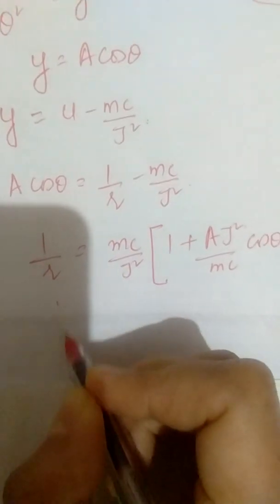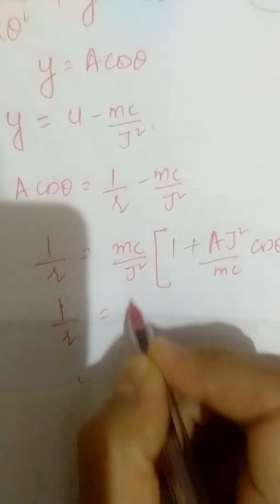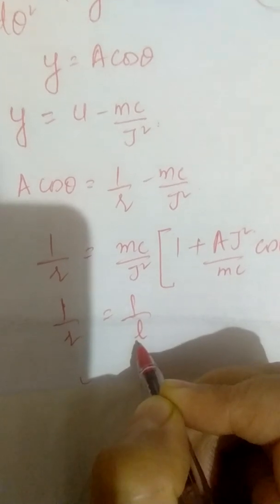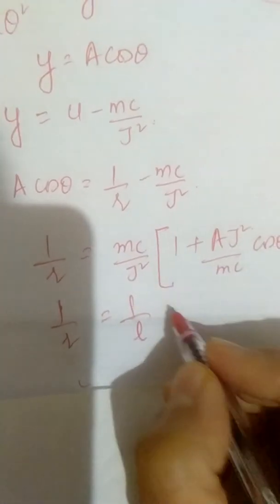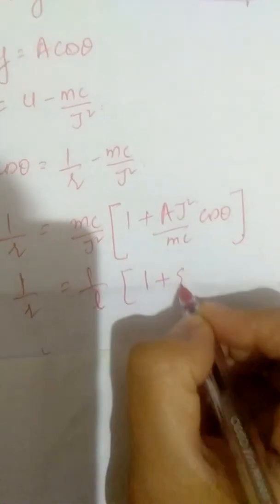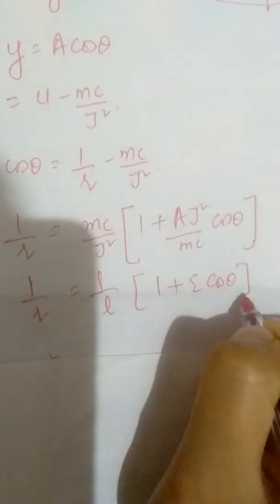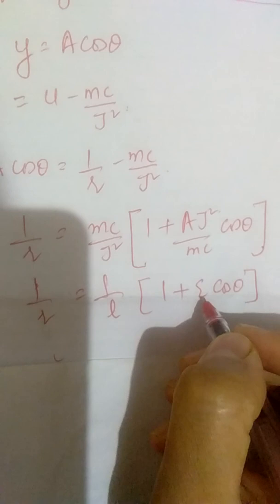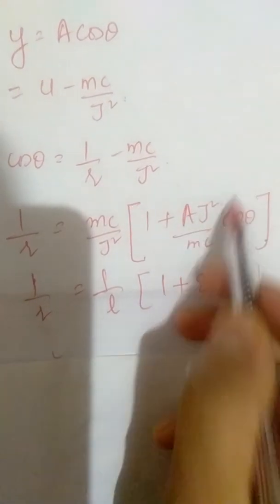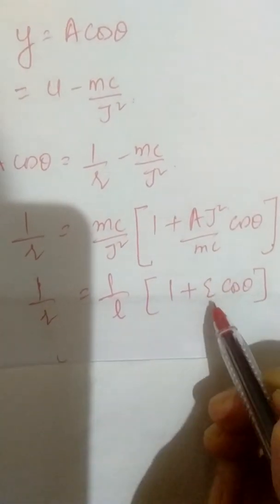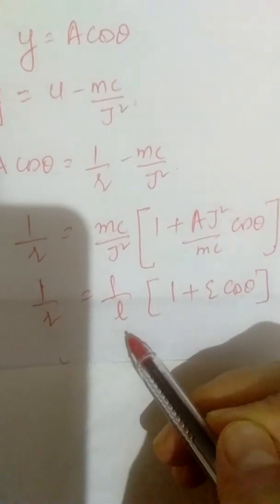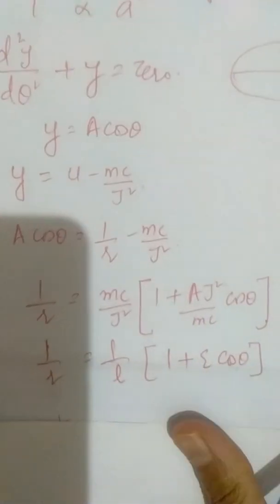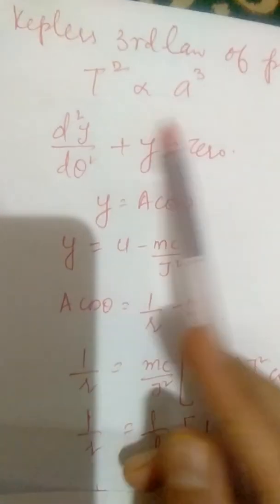So that was 1/r = 1/L, where L is the length of the conic section, and for 1/L we are substituting mc/j² times (1 + ε cos θ), where ε is called the eccentricity of the orbit. Obviously, aj²/mc has been substituted by E, and mc/j² was substituted by 1/L. Now, if you are recapitulating all this, then today we can proceed to Kepler's third law.